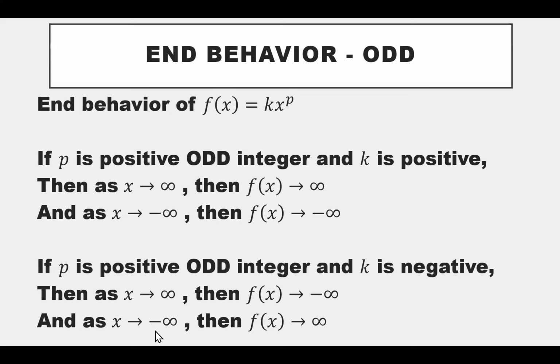As x moves towards the left, the function output goes up to positive infinity. So now we know the end behavior of a power function whose exponent is a positive even number, and we know the end behavior of a power function whose exponent is a positive odd integer.